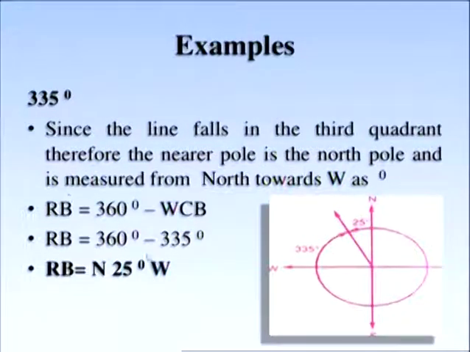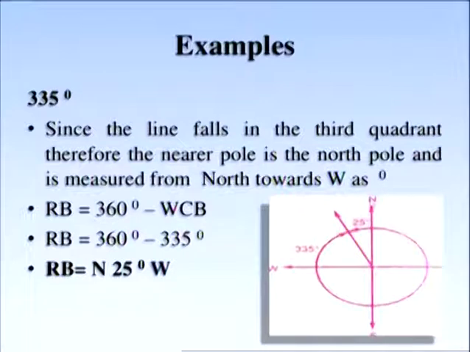Without drawing, simply don't use the equation, because if you memorize, there is a chance of making a mistake. But if you draw the figure, there is no chance of making a mistake, because everything is in front of you. Always put north, south, east in this direction and west in this direction. Put the value 335, and your line is like this.